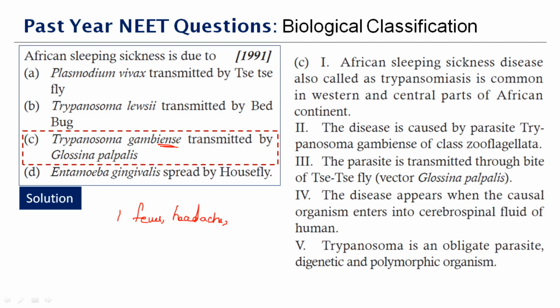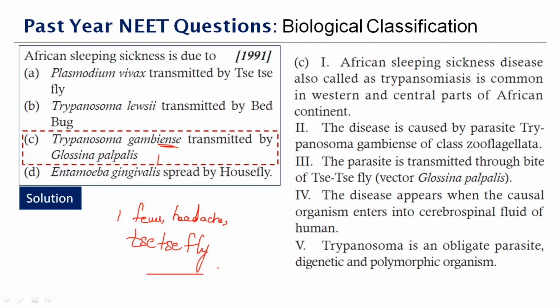African sleeping disease is also called trypanosomiasis, and it is common in west and central parts of the African continent, because that is where you find this particular fly. What is that fly named? It's called the tsetse fly, which causes this particular disease in humans.